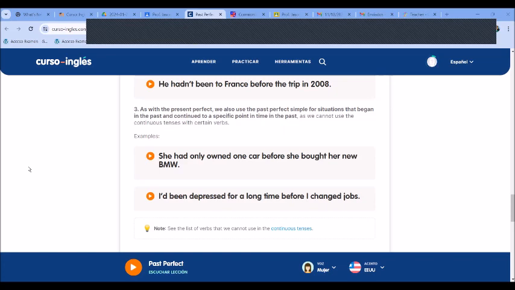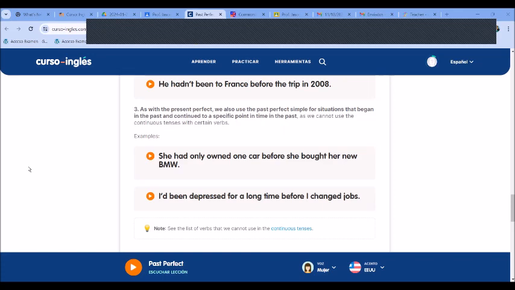One, she has a BMW now that she bought in the past. Before that, she had only ever owned, and own is a verb that doesn't have a continuous form, one car. So past perfect, past simple.